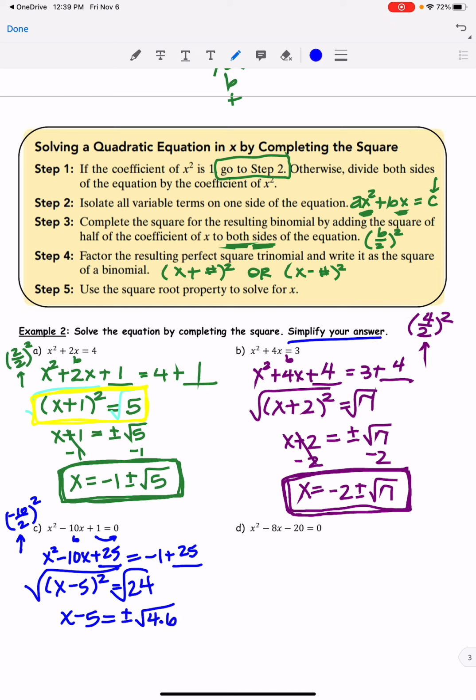We got to simplify our answer. So I've got x minus 5 equals plus or minus 2 square root 6. And then add your 5 over. So I've got x equals 5 plus or minus 2 square root 6.